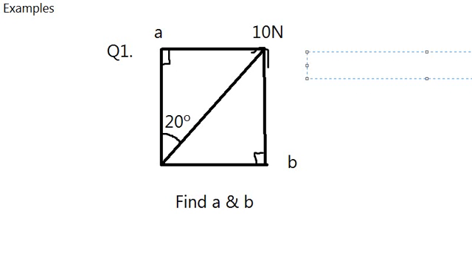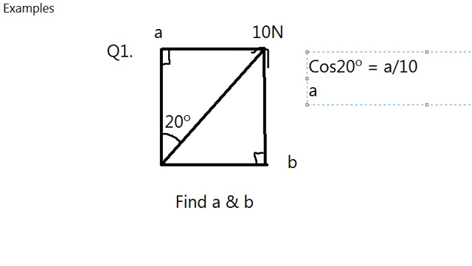So cosine 20 will be equal to A divided by 10, which means A can be written as 10 cos 20. And this is one of the ways of writing out a resolved force.